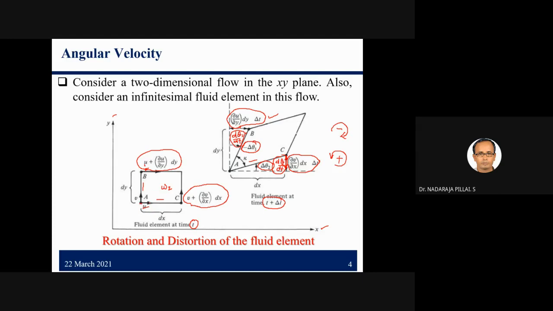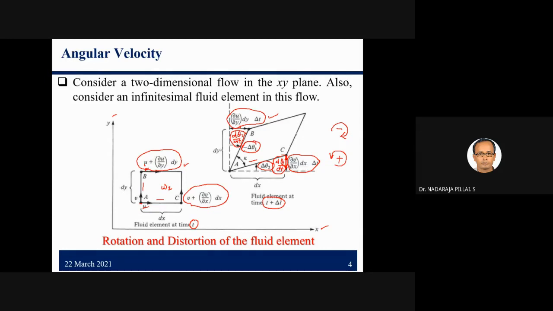When you have a u component and a v component, the v component at C is v plus dou v by dou x into dx. Similarly, the u component at B is u plus dou u by dou y into dy. We are looking into the change in angle, del theta 1. Del theta 1 is the change in angle, but d theta 1 by dt is the change in angle with respect to time, and hence it is an angular velocity.